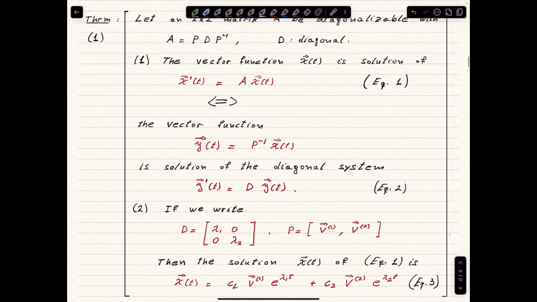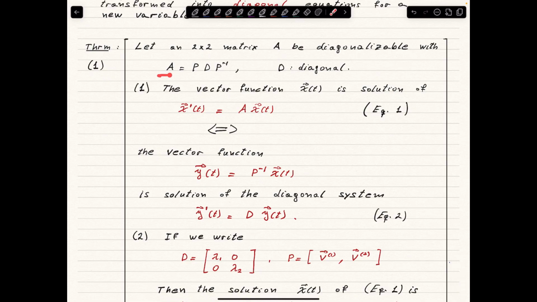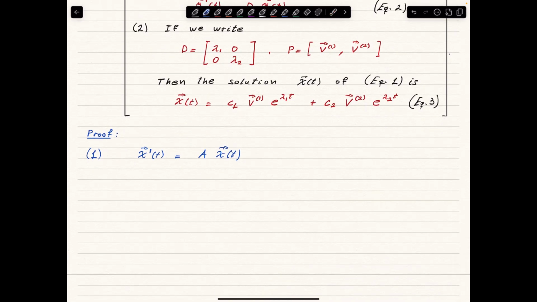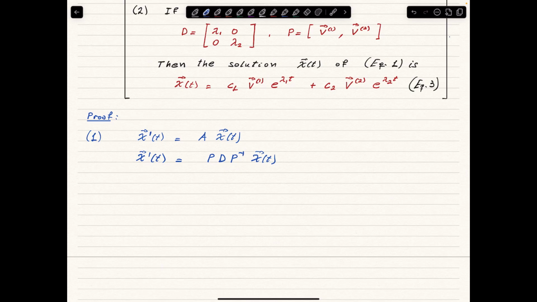But we know that A is diagonalizable, so we are going to put that expression into the equation. So we have x prime still on this side, and over here we are going to have P D P inverse acting on the vector x.